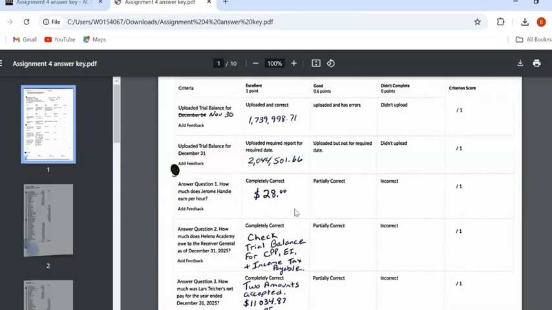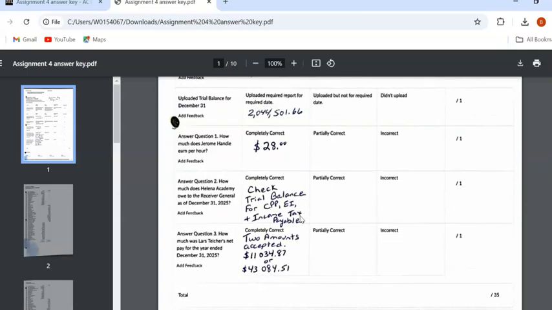Handy did earn $28 an hour. Question 2 actually threw a lot of people off because of the way the remittance is done. If you think, when you do your payroll, it creates a CPP payable, an EI payable, and an income tax payable, okay? And those actually appear on your trial balance or on your balance sheet.